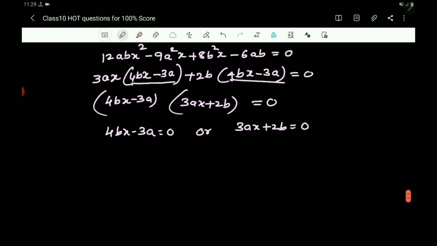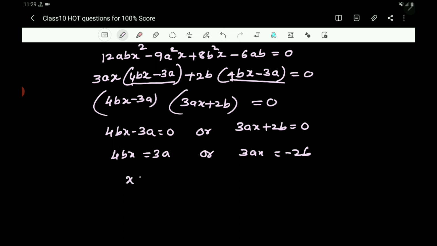Then you solve both the linear equation. Here it becomes 4bx equals 0 plus 3a, 3a, or here 3ax equals minus 2b. Here plus 2b is transferred, and here we have to solve x.